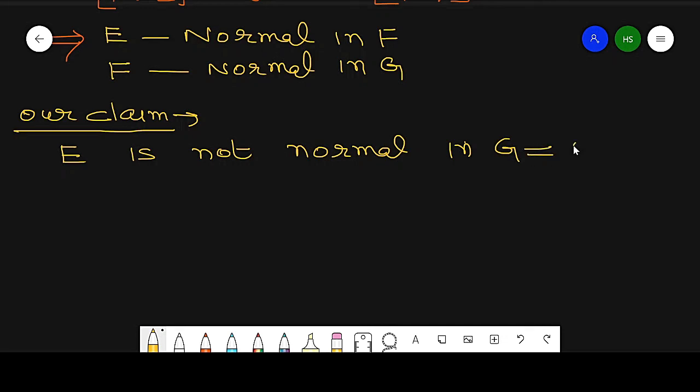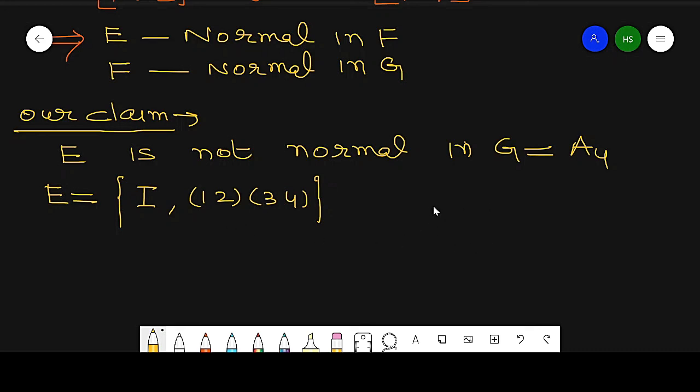G is A4. So it means I take one element which does not commute with E. So first I write again what are the elements of E: identity, (1 2)(3 4). So I need one element which does not commute with E.